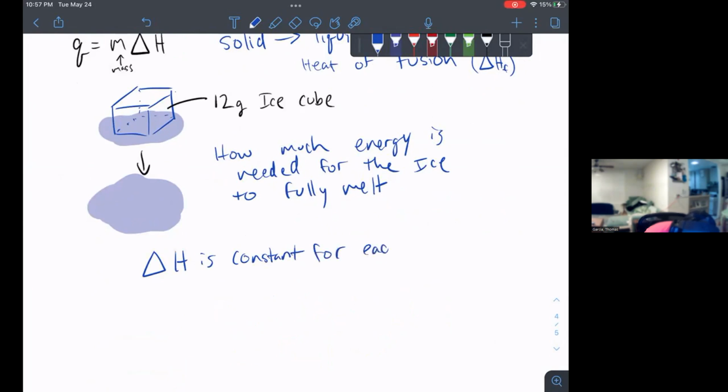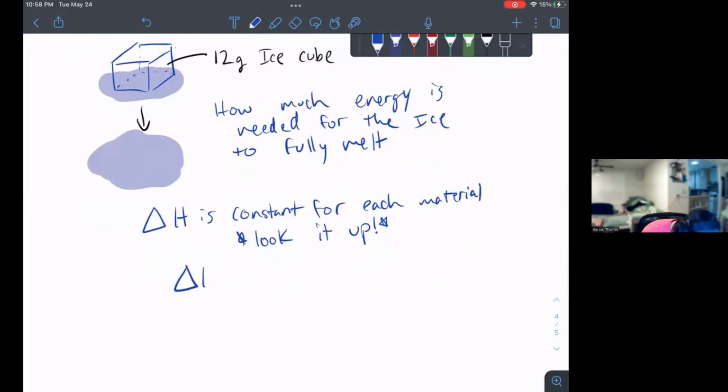So basically what I'm saying is, look it up. Just look up the delta H. It's that simple. In our particular case, delta H fusion for water is approximately equal to 334 joules, specifically 334 joules per gram.